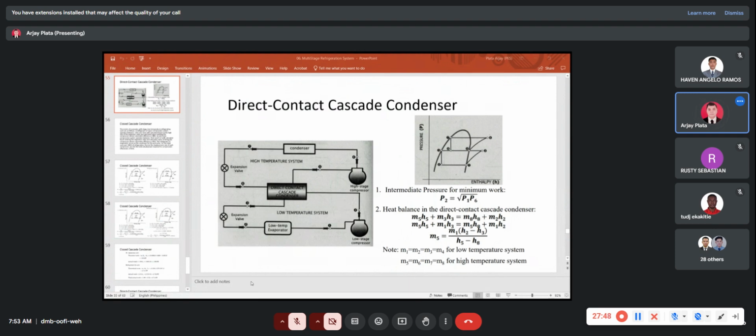If you struggle in a single stage compression system, work hard to practice solving different multi-stage refrigeration systems. It will require a lot of patience in determining the different properties on the table as well as applying the concepts.